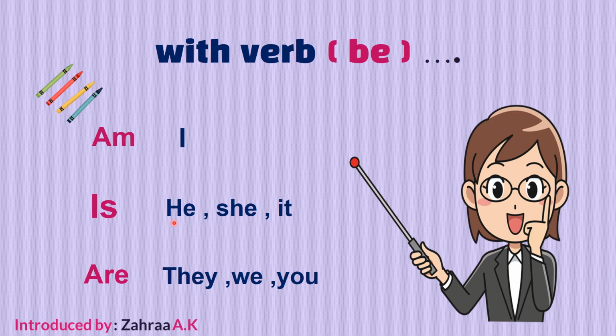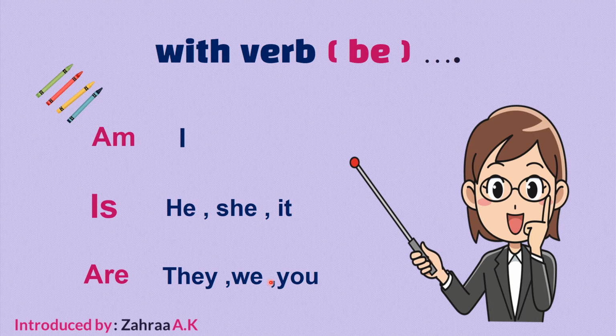is he she it. is هي for singular للمفرد، وإما تاخذ he أو she أو it إحدى الضمائر التي تدل على المفرد or every noun for singular أو كل اسم يدل على المفرد، يعني مو شرط فقط ضمير. And are for they, we, you or every names that refer to the plural names، أو أي اسم يشير للجمع.